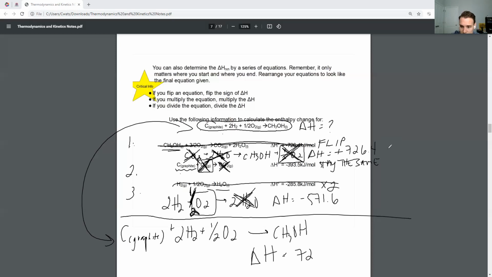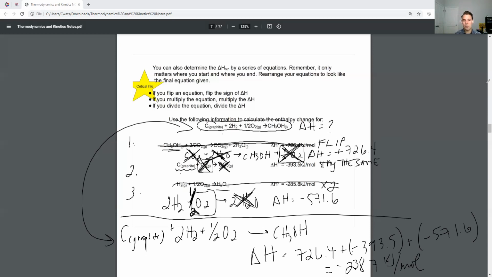So 726.4, plus negative 393.5, plus negative 571.6. When I do that, my answer is going to be negative 238.7 kilojoules per mole.